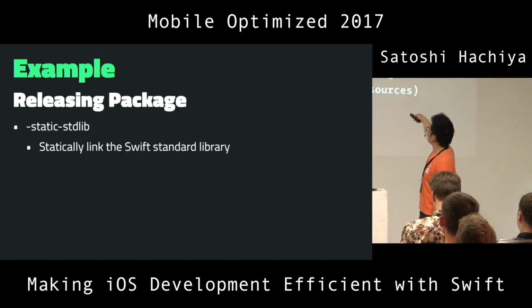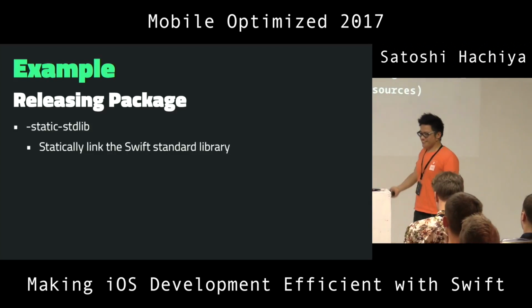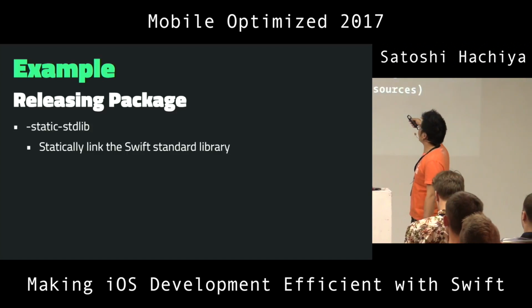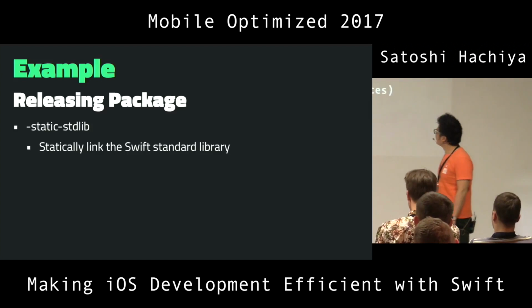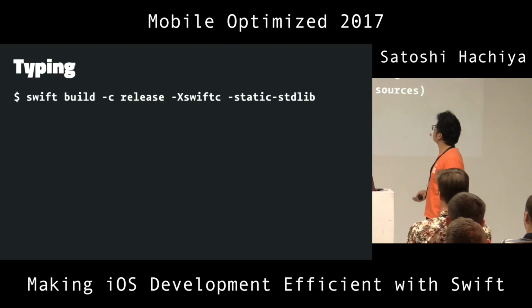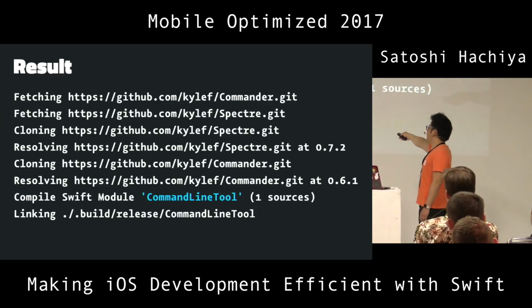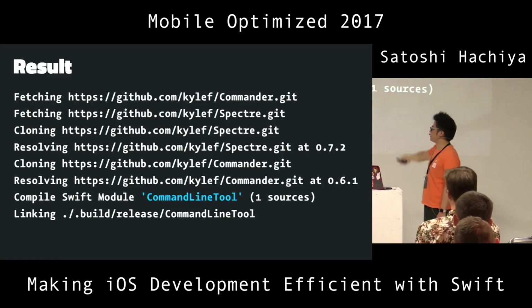In this case, Commander depends on Spectre, so the Swift Package Manager fetches Commander and Spectre. And then the compiled binary is created at the following directory.